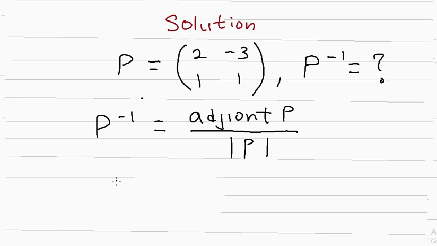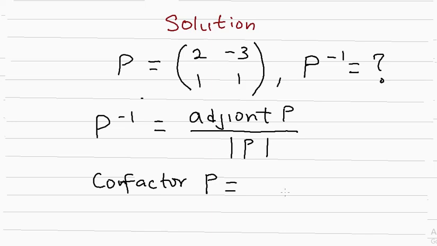So before I can get the adjoint of P, I have to find the cofactor of P. Cofactor is simply the place value of the minor of that matrix. These words might be too big and might sound confusing, but I will simplify them as much as possible.